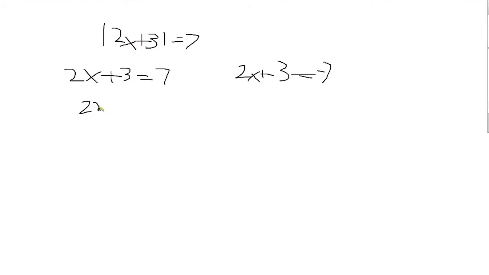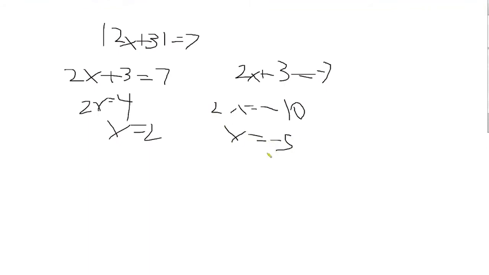And you have 2x equals 4, x equals 2, 2x equals negative 10, x equals negative 5. And you plug those both in, they work. And so that's how you actually do an absolute value equation.